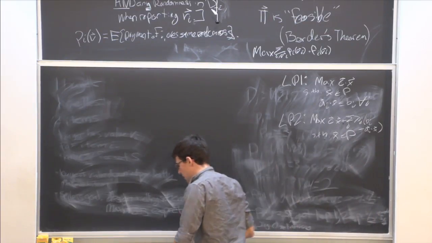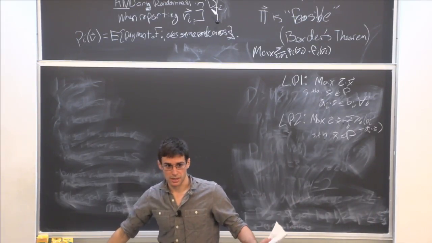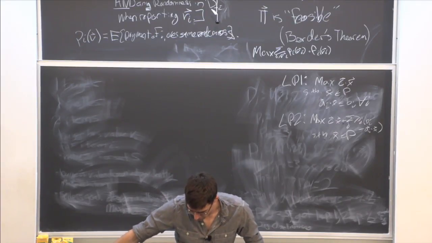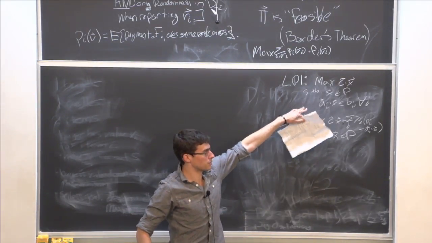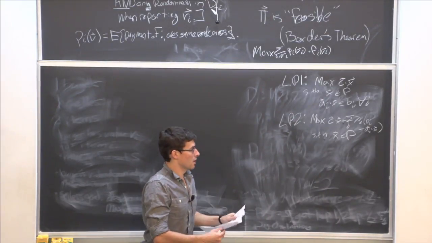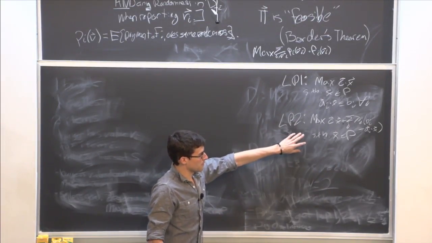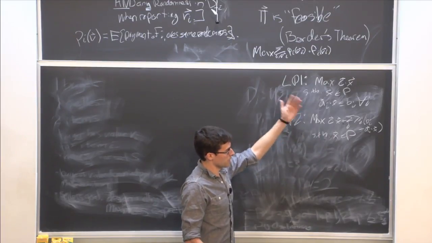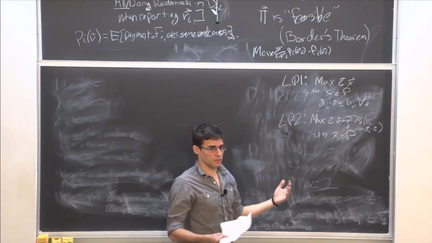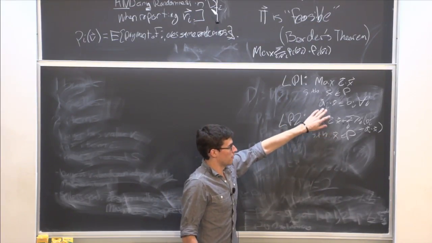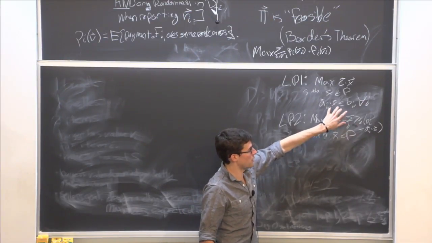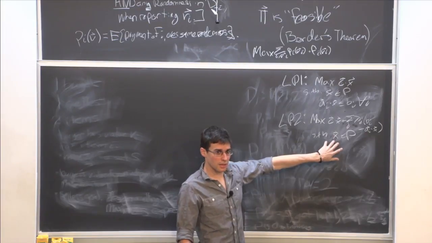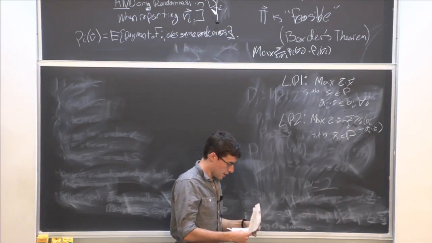So these are just two LPs. The first one is just an arbitrary LP, but I've decided to break up the constraints into two types. The second one, if you already know Lagrangian multipliers, is that I've taken Lagrangian multipliers on these constraints, but I've left these in the feasibility.